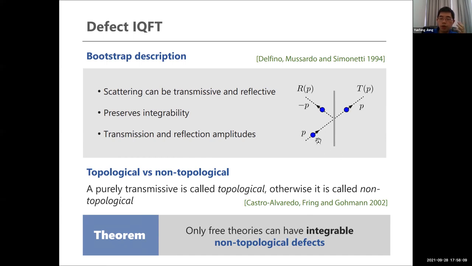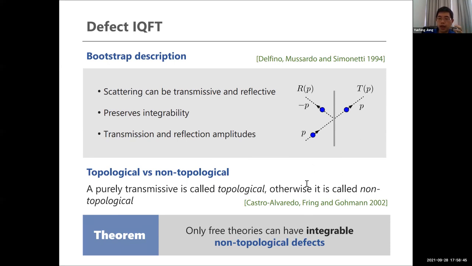Either you have a purely reflective defect, which is the boundary, or you have a purely transmissive defect, which is topological. The defect that allows both transmission and reflection can only exist for free theory. So these are two theories, free fermion and free boson. Later on, we will see that topological and non-topological defects get deformed in a different way under the TTbar and the more general deformation. So this is the first part of the story.